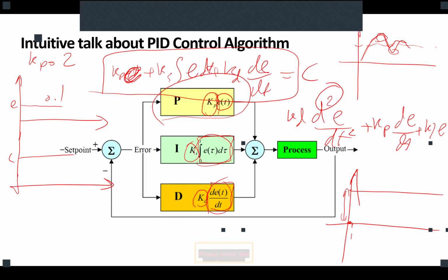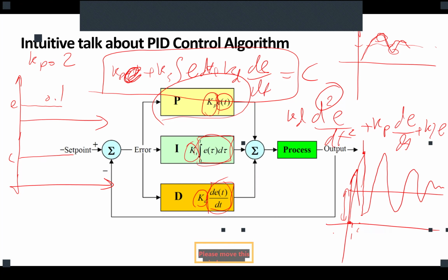So it would push me here. Now, at time 2, this is the error. It would push me here. And it goes on and on until we have a situation.